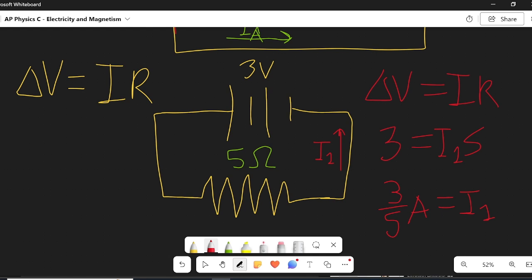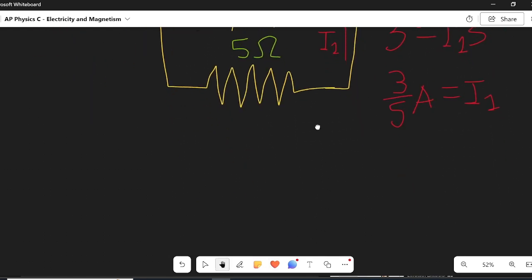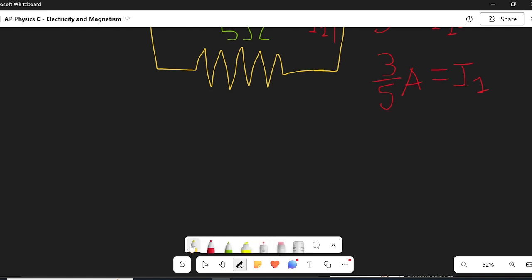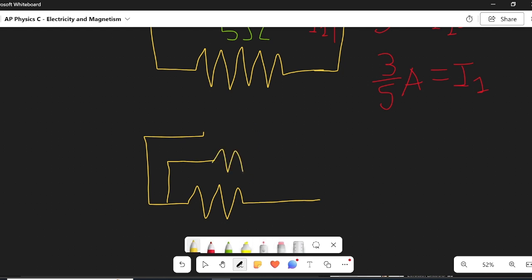But let's say now we have resistors on two separate wires like so. If we have one resistor here, and then there's a break in the wire, meaning that electrons can go here or go here, where they're on two separate wires.